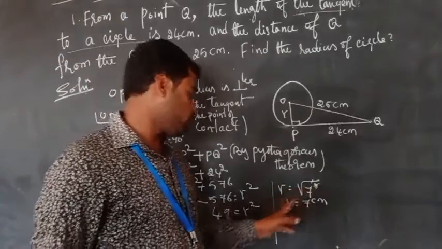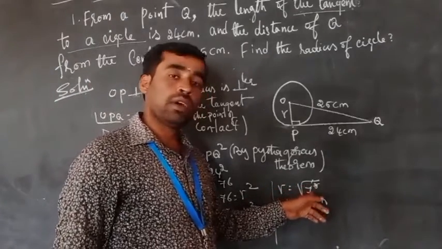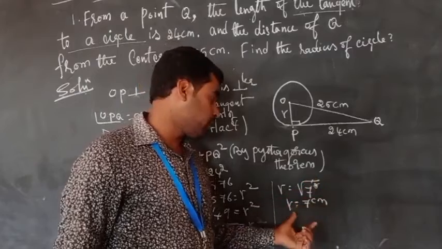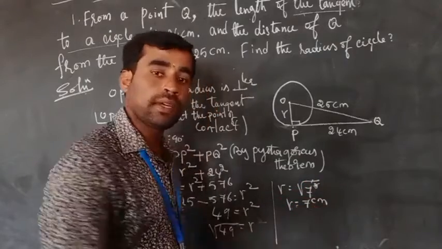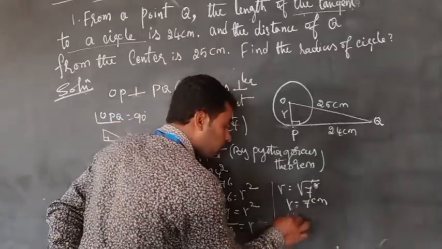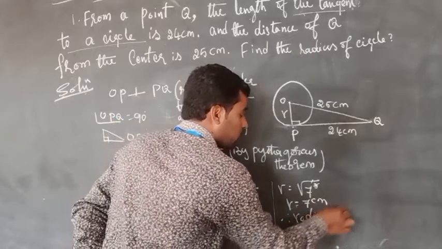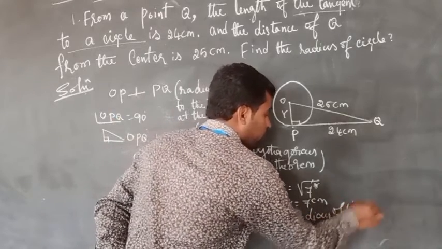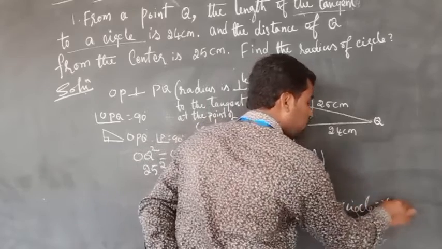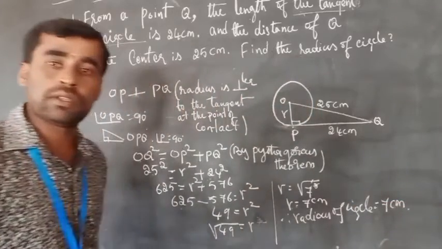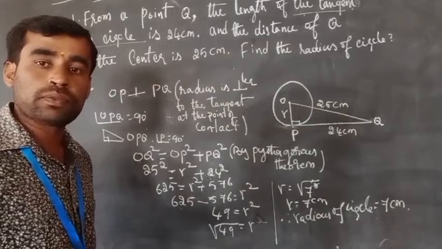So R is equal to square root of 49, which is 7. The square root cancels. Therefore R is equal to 7 centimeter. Therefore, the radius of the circle is 7 centimeter. Is it clear? Take down this one.